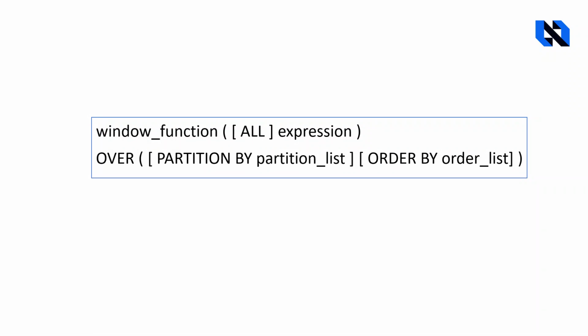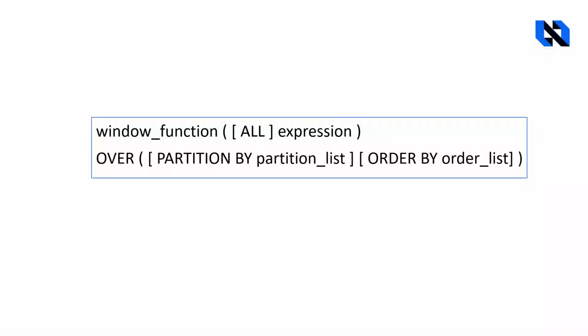Now, OVER specifies the window clause for the aggregate functions. The PARTITION BY defines a partition list which defines the windows, or the set of rows on which the window function operates. We need to provide a field or a list of fields for the partition after the PARTITION BY clause. Multiple fields need to be separated by commas as usual.